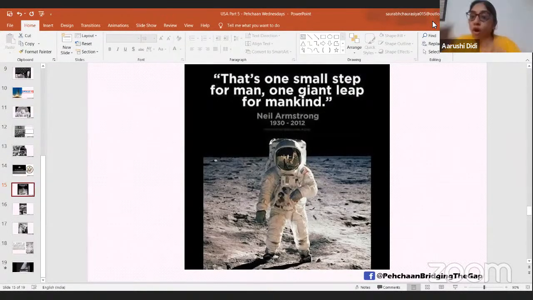What is giant leap? बहुत बड़ी छलांग बोल सकते हैं हम इसे. Leap is jump. So that's one small step for man. एक छोटा सा कदम एक आदमी के लिए, इंसानियत के लिए एक बहुत बड़ी छलांग हो गया. कैसे? How? Anybody? Come on.